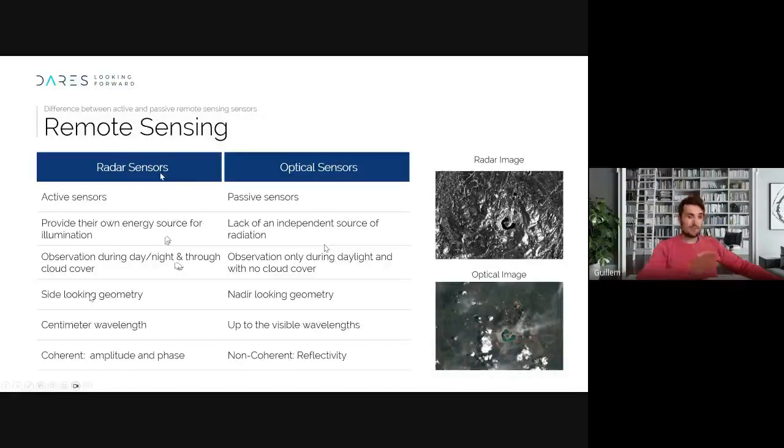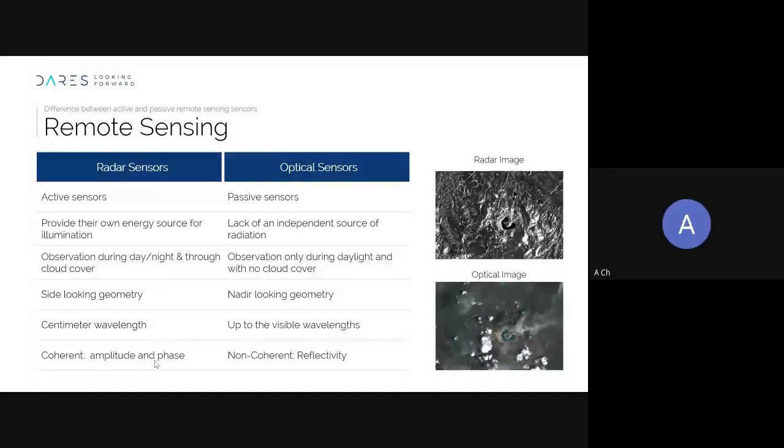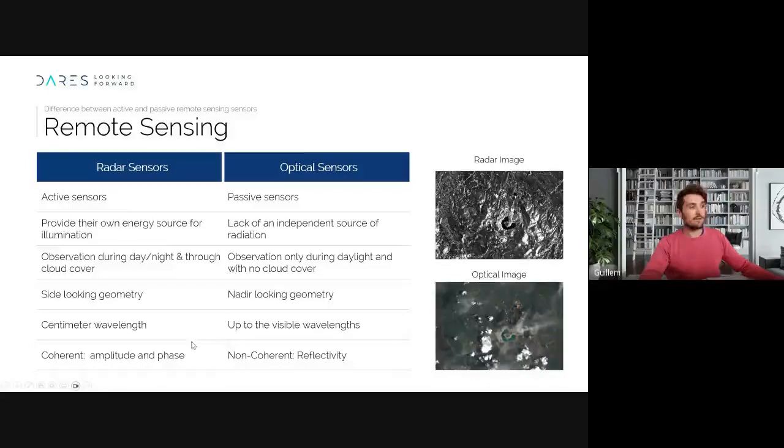Let's say they are not looking on the vertical, but with a certain inclination on one side. If we have this side-looking geometry, the probability of having points at different distances from the radar increases. And since we are working with distances, we have this side-looking geometry. The images provide you with amplitude and phase.